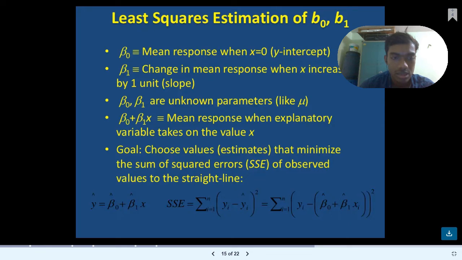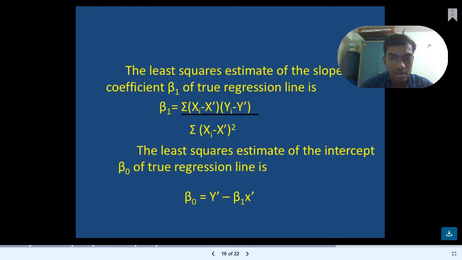Here the predicted value y hat equals b0 plus b1 x. Here are the squared errors. The sum of squared errors is the summation of the square of the difference between the actual data and the predicted data, where we replace y hat with b0 plus b1 x.